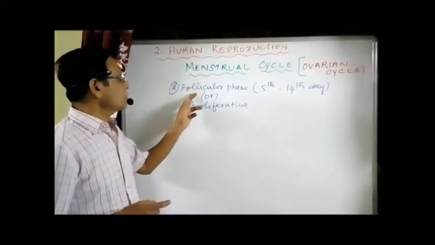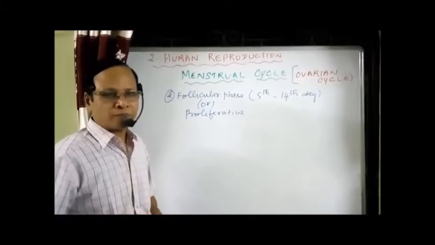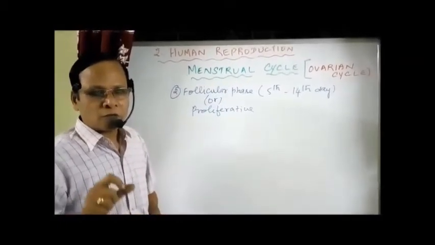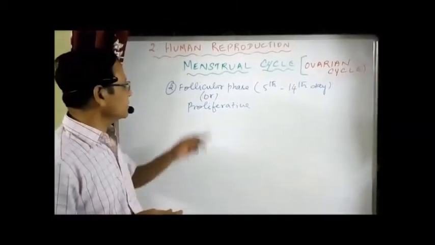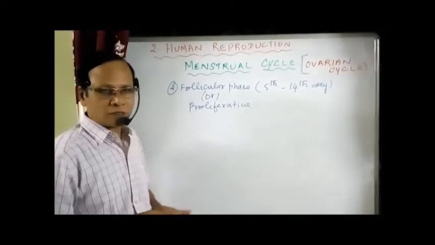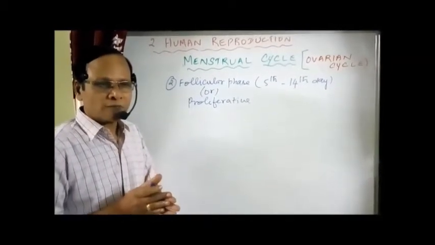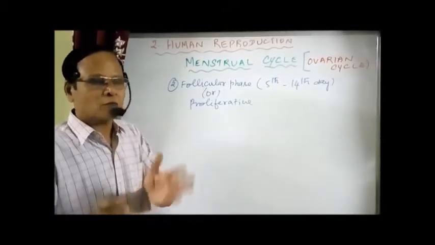It is called the follicular phase because the primary follicle starts growing and develops into a mature Graafian follicle. This is in the ovary.